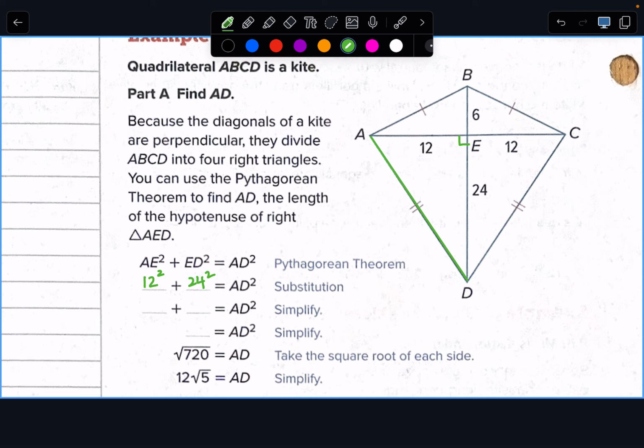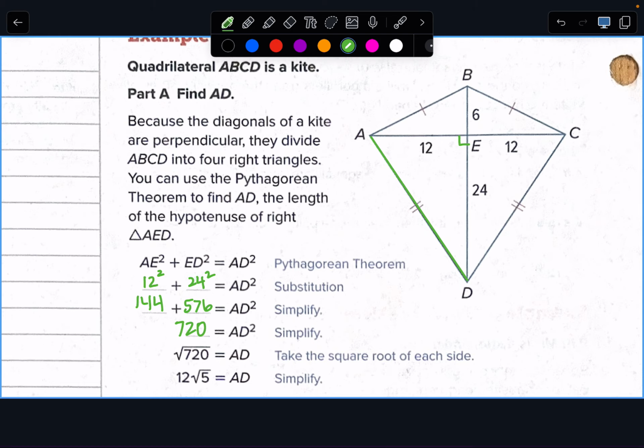144 plus what? 144 plus 576. Yeah, it's 720.